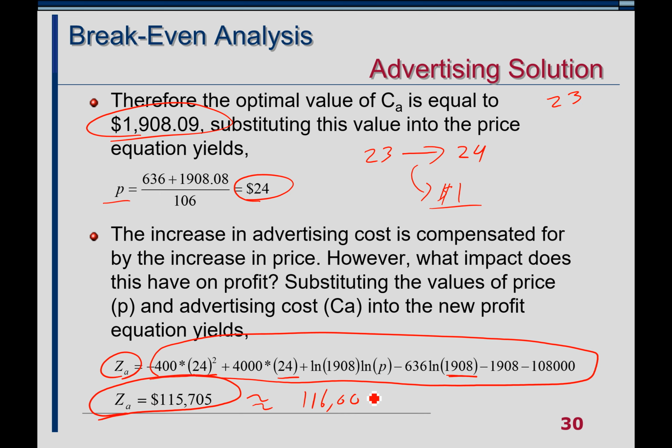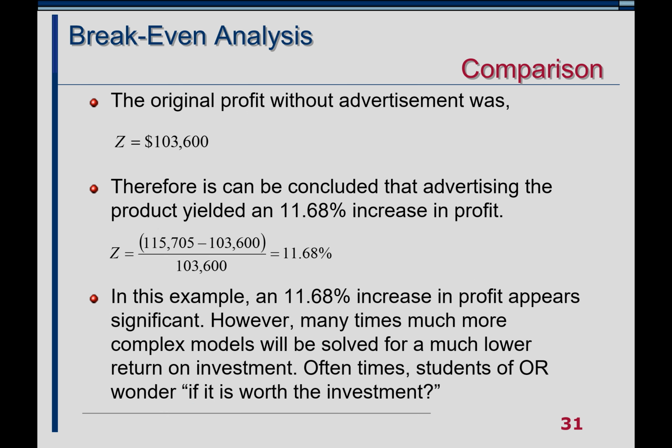It's 115,705, but just for easy math, let's say 116,000. All right, so think about this. Our new profit is 115,705. So our profit went up 11.68% just by advertising. Okay?